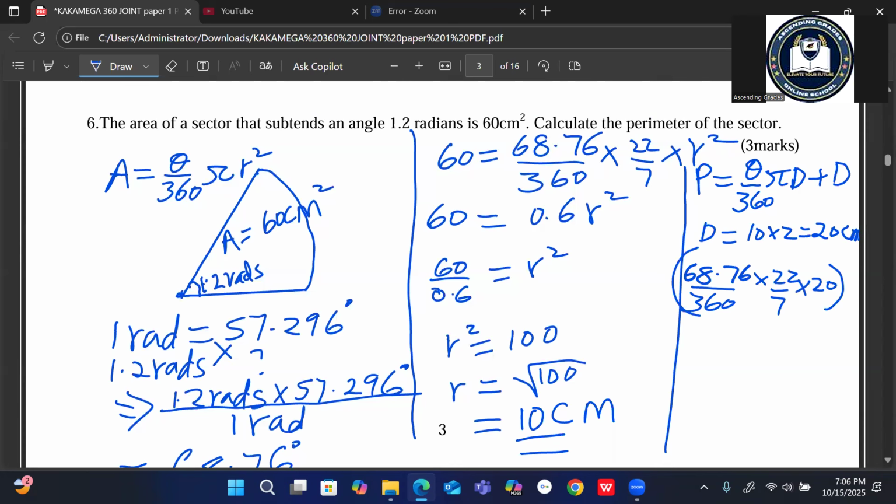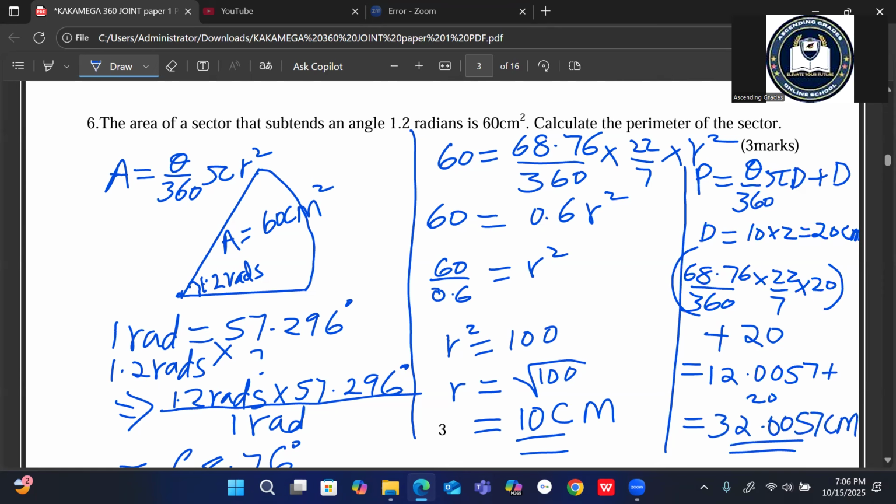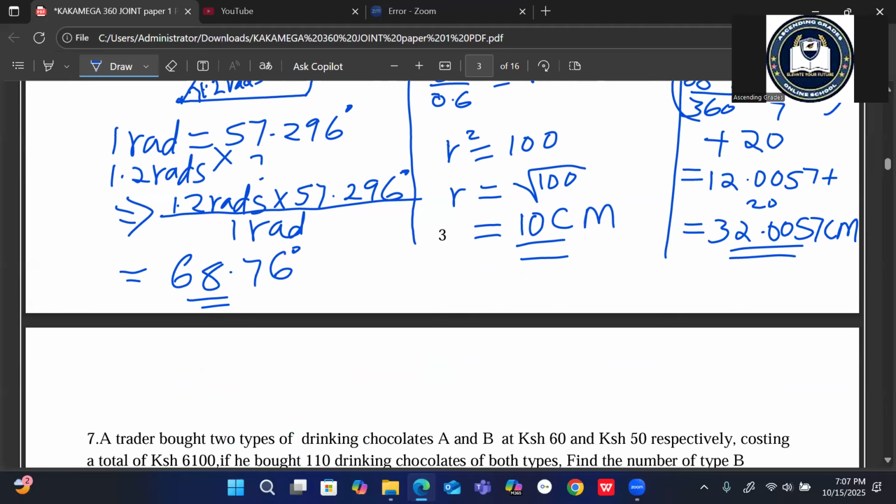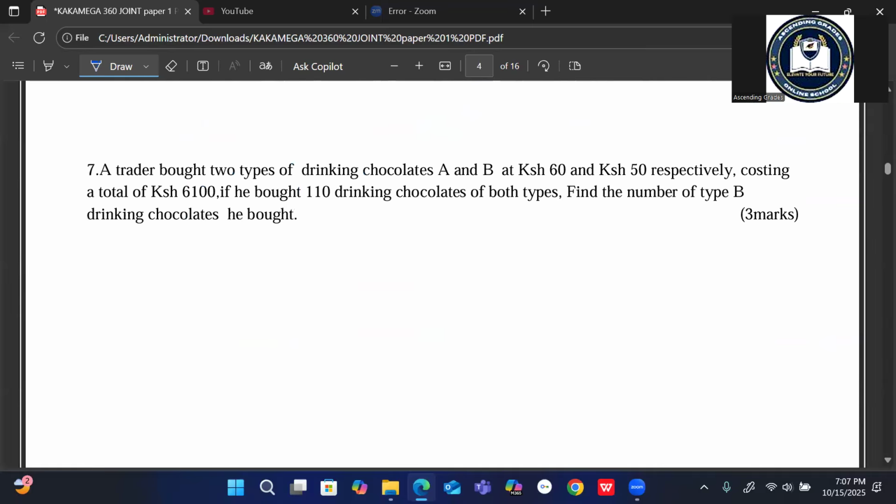Then you add our diameter, which is 20. On doing that, you'll get 12.0057 plus 20, which gives 32.0057 centimeters. So that is the perimeter of the sector subtended by an angle of 1.2 radians. From there we go to number 7.